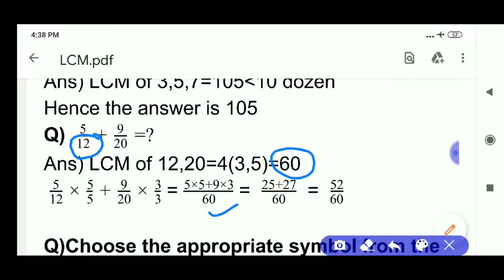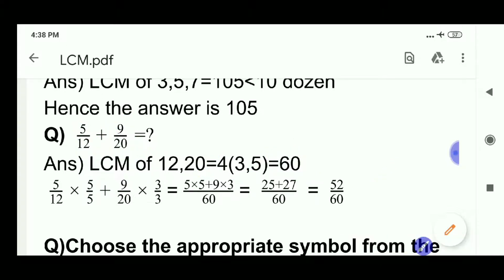Divide 60 by 12, it is 5. The numerator is 5, so 5 into 5. Plus the denominator is 20. 20 threes are 60. Numerator is 9 into 3. Now you will get the answer.